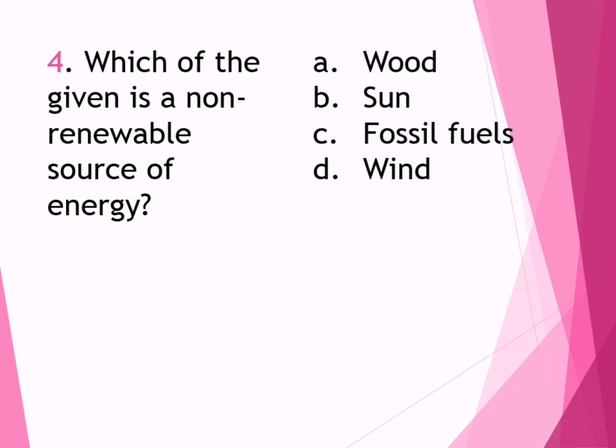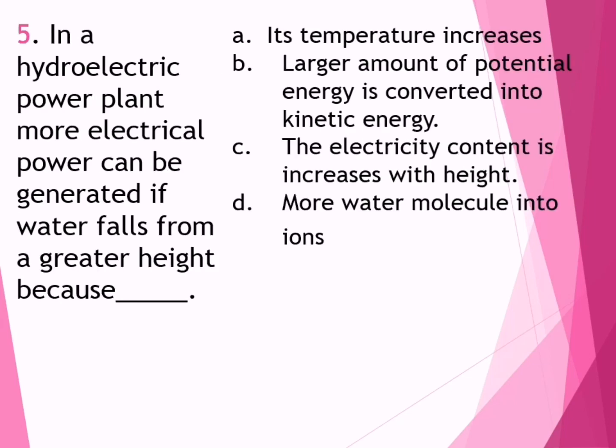Number 4. Which of the given is a non-renewable source of energy? A. Wood. B. Sun. C. Fossil fuels. D. Wind. Last number.